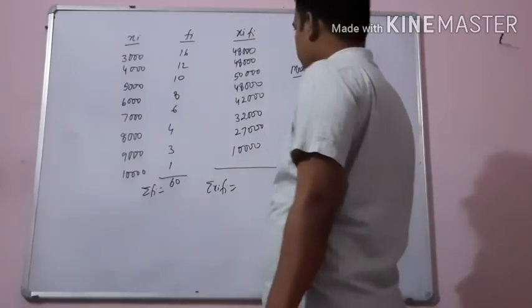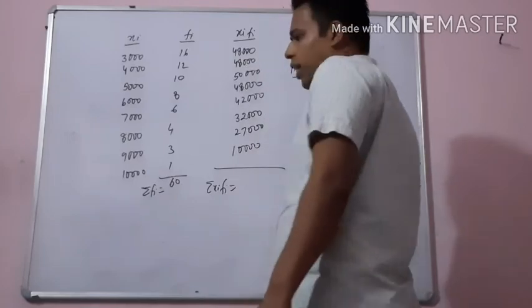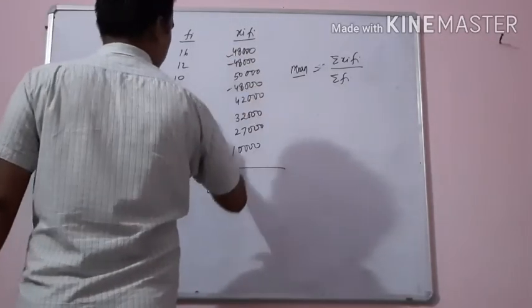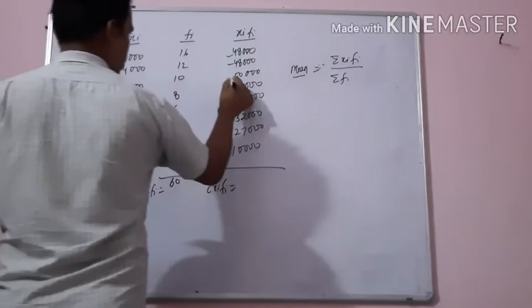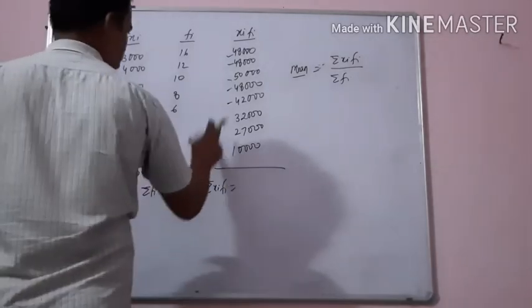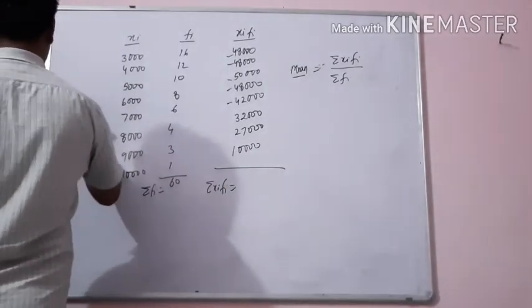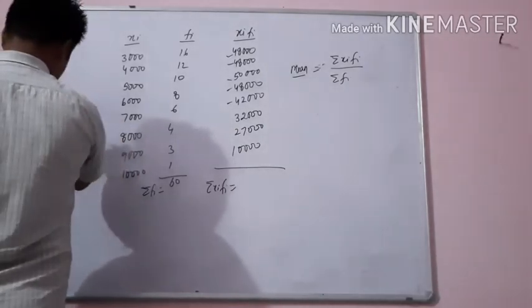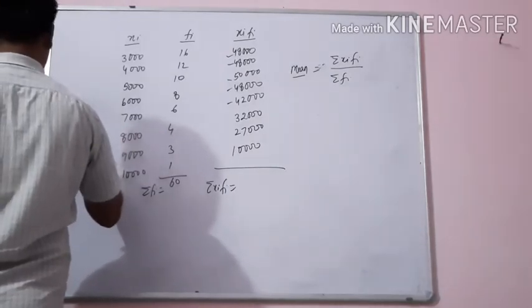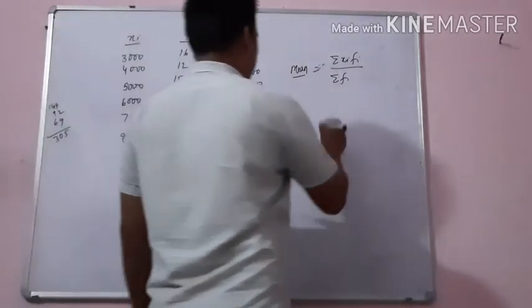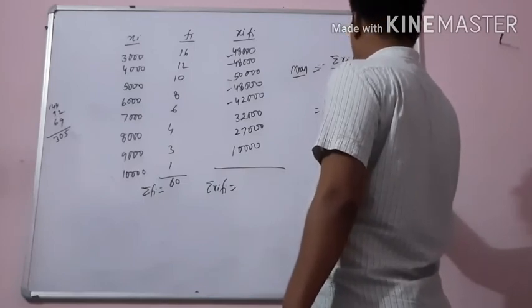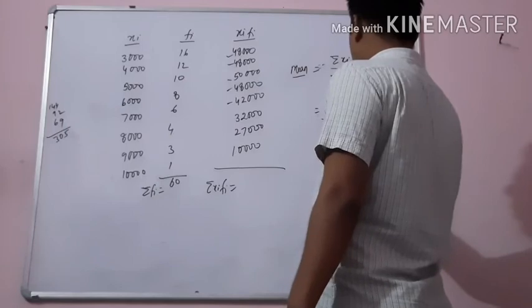Adding it up, here total sum will be 305,000 upon 60.